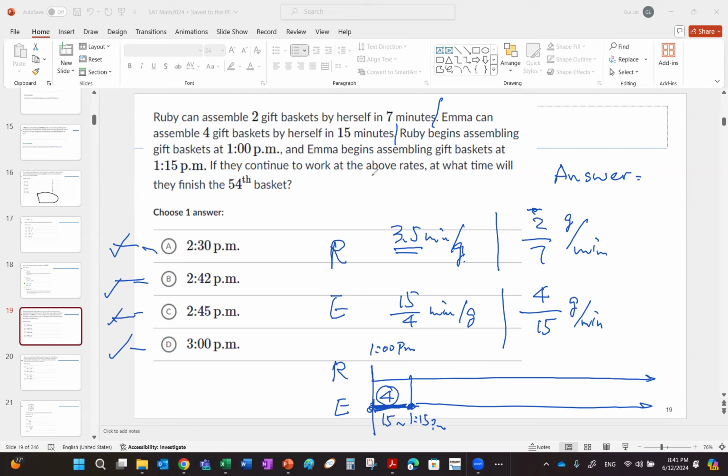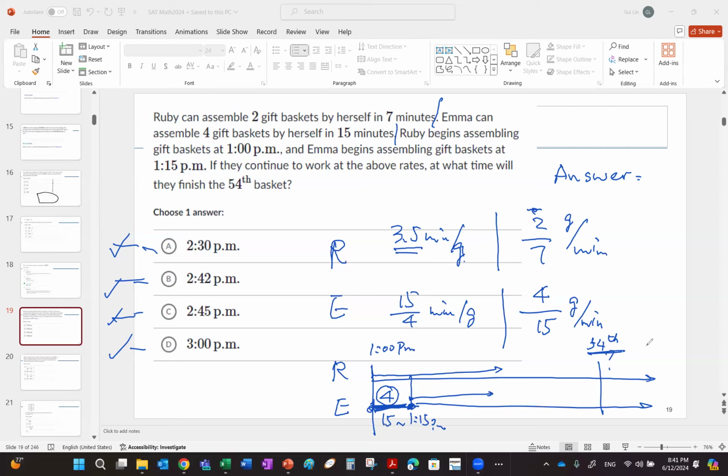If they continue working at the above rate, so right now Ruby begins to work this way and Emma begins to work this part, at what time will they make the 54?